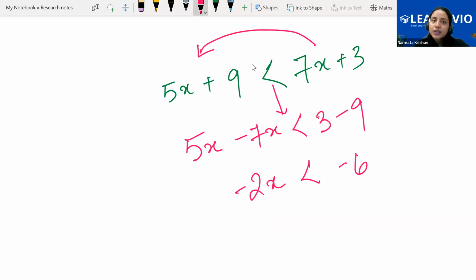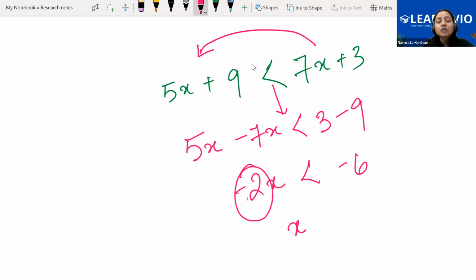So far, whatever we have done is exactly like solving an equation. But now we have to be careful. Whenever we divide or multiply by a negative number, we have to reverse the sign.